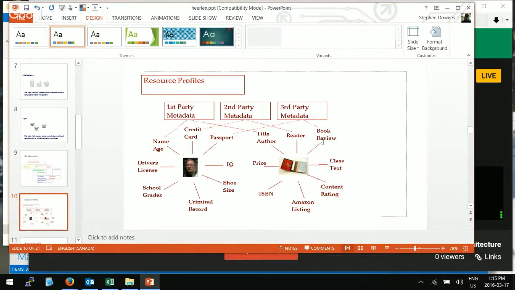The idea here, and the fundamental principle, is we want to think of resources as something that can be described in many ways by many people using many different properties. There isn't any sense of the resource description being located in one single canonical place. The resource has to be described across different environments, different places.